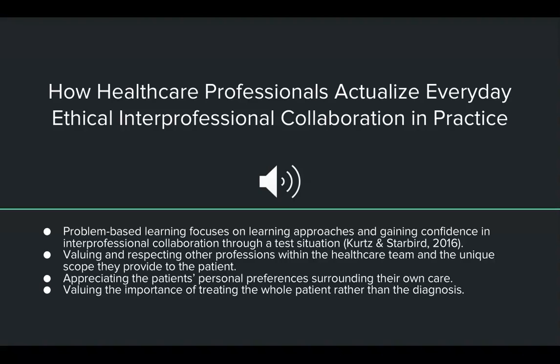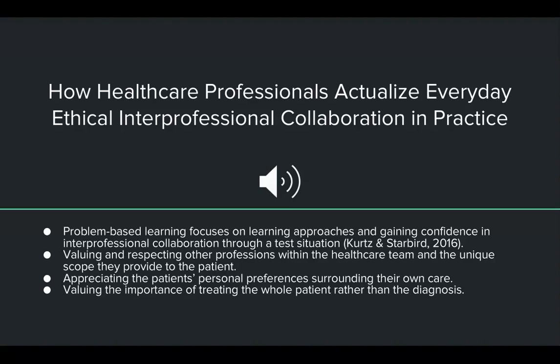The patient may have different spiritual, professional, religious, or cultural preferences that they want to be appreciated in their plan of care. For example, Jehovah's Witnesses do not want blood products, so it is our job as a healthcare team to appreciate the patient's thought process and their personal choices and be able to provide patient-centered care.